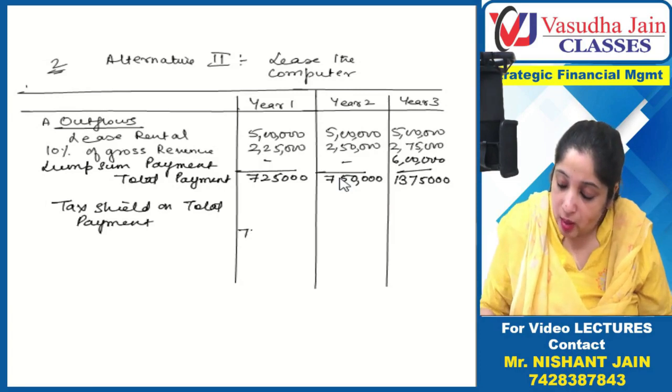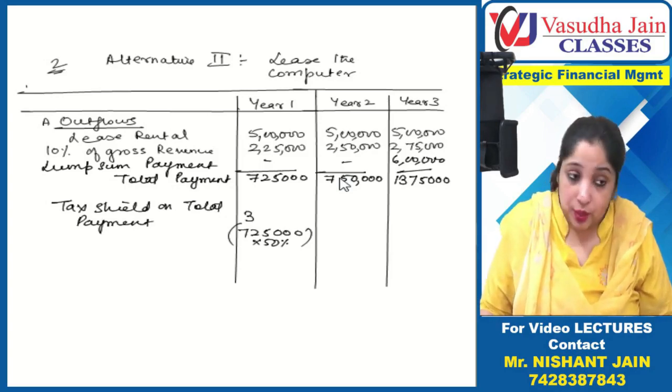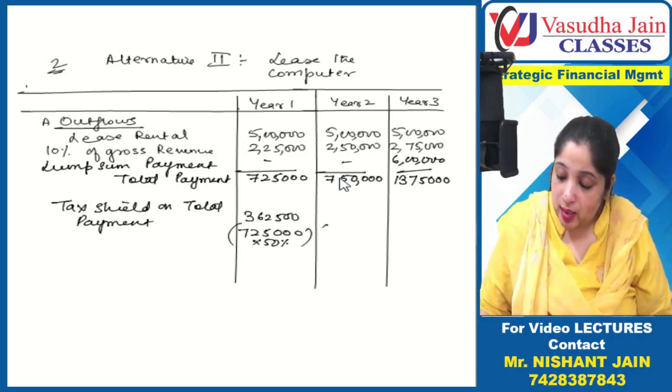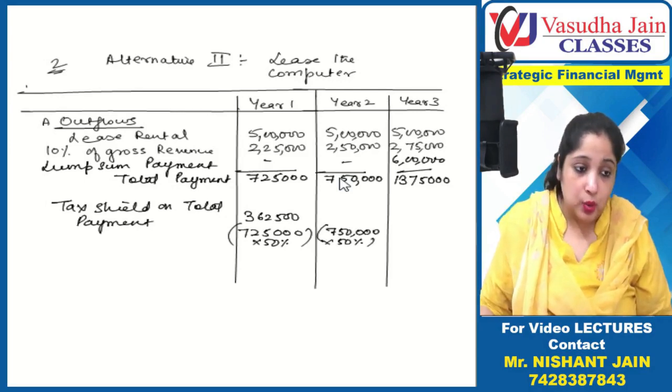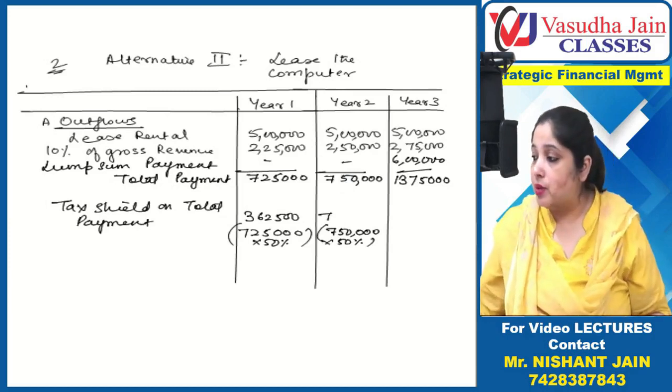How much is the tax shield? 7,25,000 into 50%. What is the tax saving you are going to do? 3,62,500 here. Then 7,50,000 into 50%. What is going to be the tax saving? 3 lakh. Just a second.